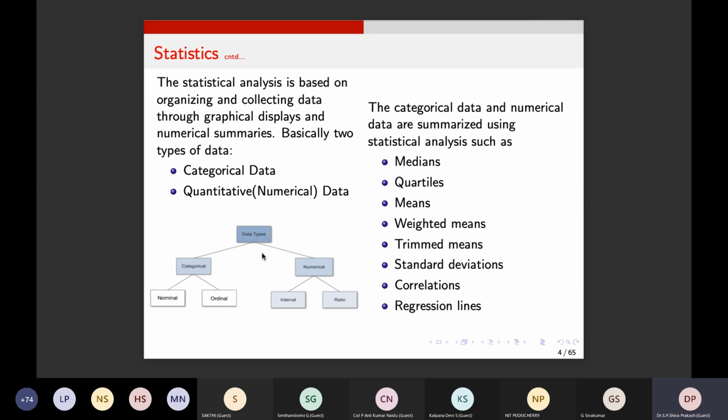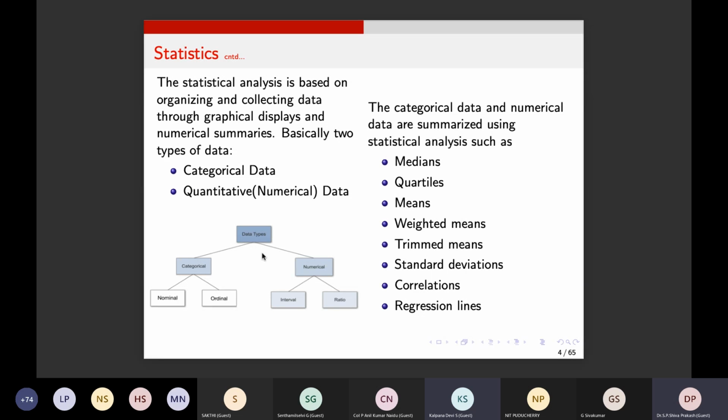So when you say graphical display or a numerical summary, there are two kinds of data. One is categorical data and another is quantitative or numerical data, right? Under categorical data, it can be nominal or ordinal, and when you say numerical data, it could be based on intervals or based on ratios.